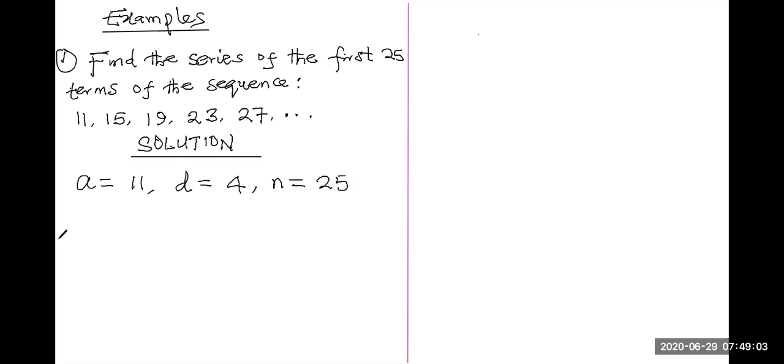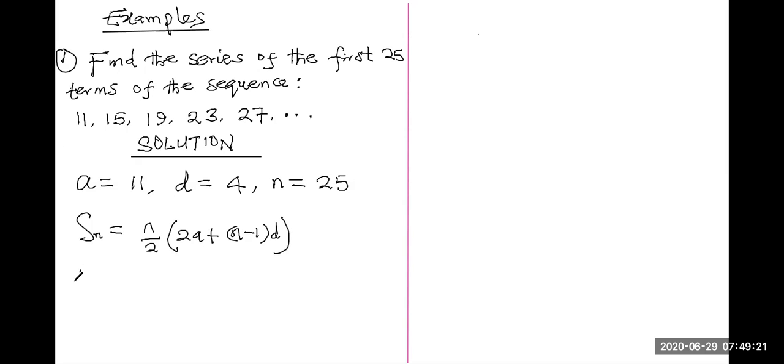So Sn equals n divided by 2 into (2a + (n − 1)d).